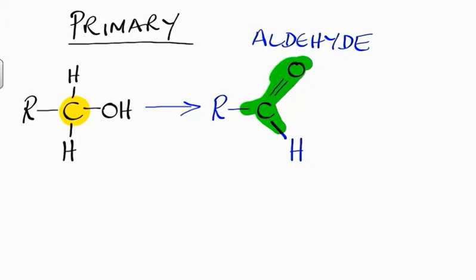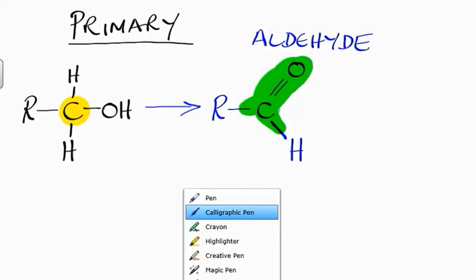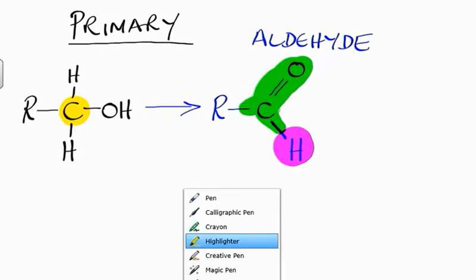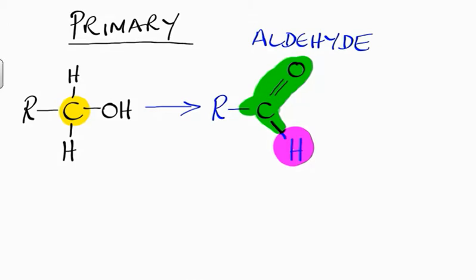This carbon double bond oxygen is known as a carbonyl group. We'll be seeing those quite a lot. And you can spot that it's an aldehyde because attached to that will just be 1 hydrogen, which means that we're able to oxidize an aldehyde further because we can get more oxygens attached to that.